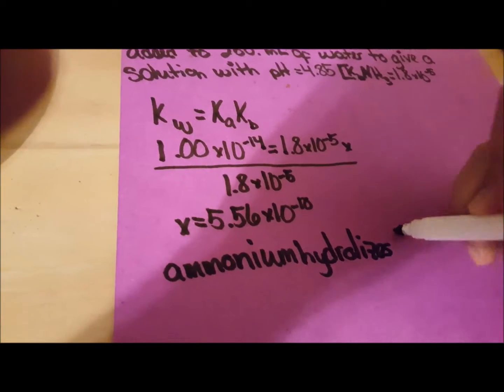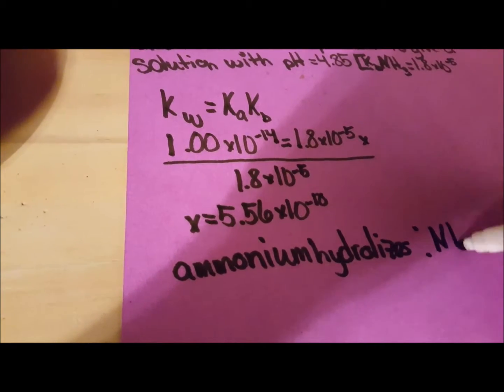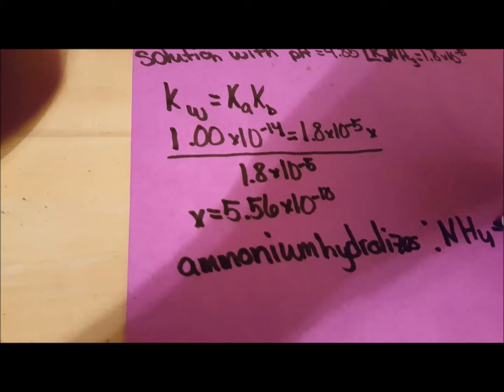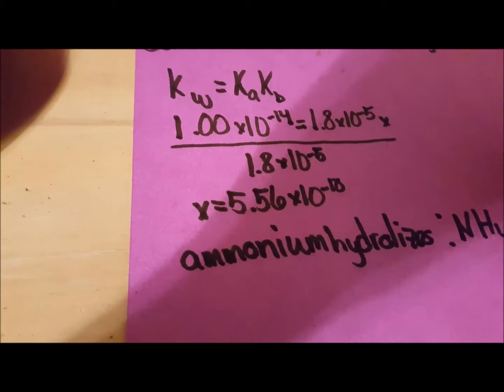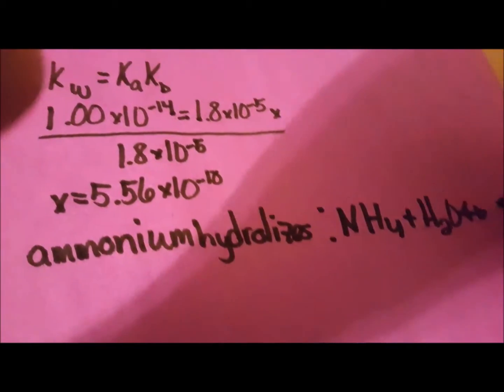So therefore we are given the equation NH4 plus H2O gives NH3 plus H3O plus.